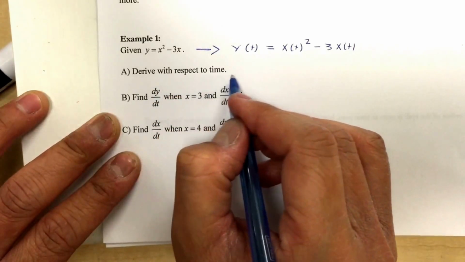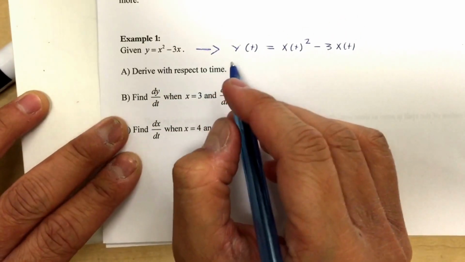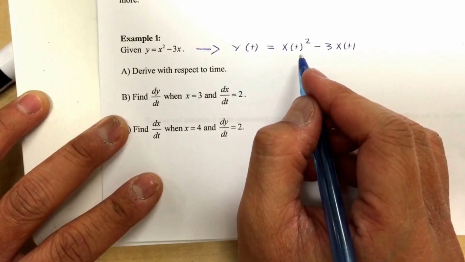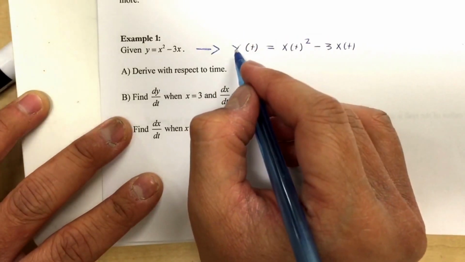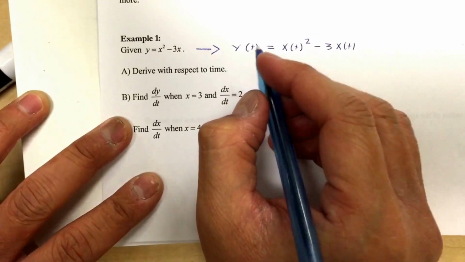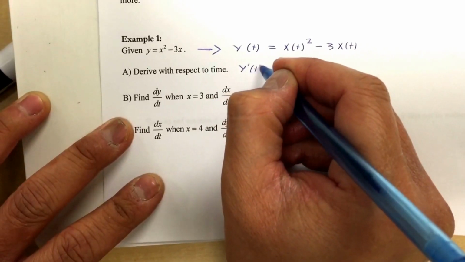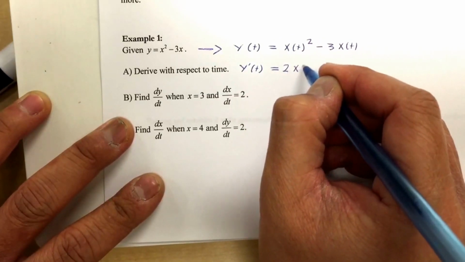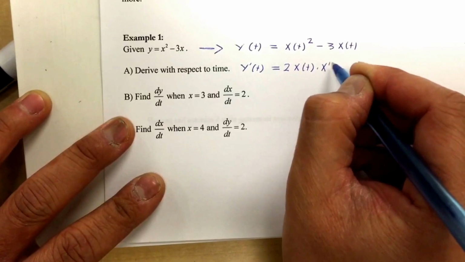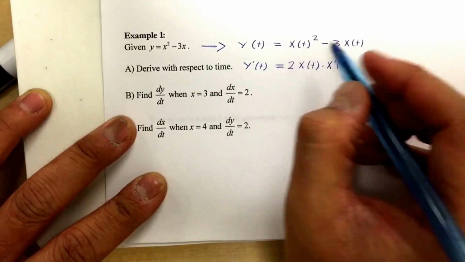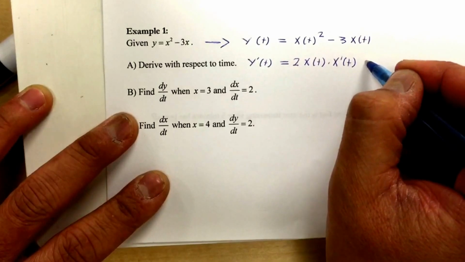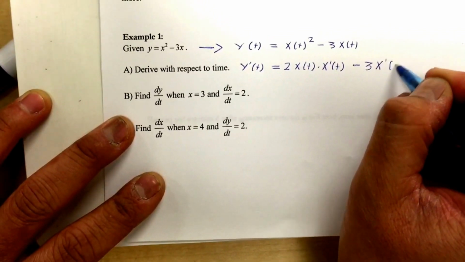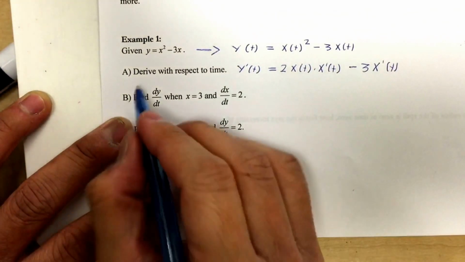We're going to differentiate both sides implicitly. The derivative of y, we call that y prime. The derivative of x squared is 2x times x prime, because it is with respect to time. And the derivative of 3x is 3x prime. So I differentiated with respect to time.